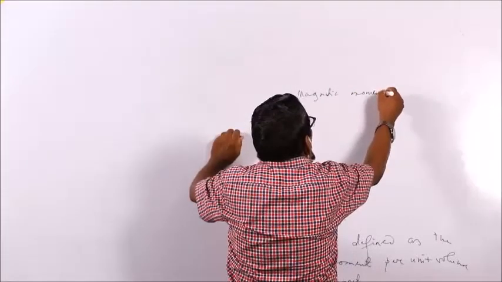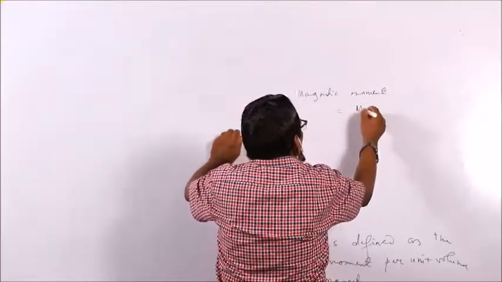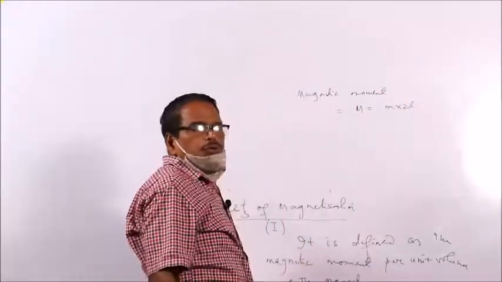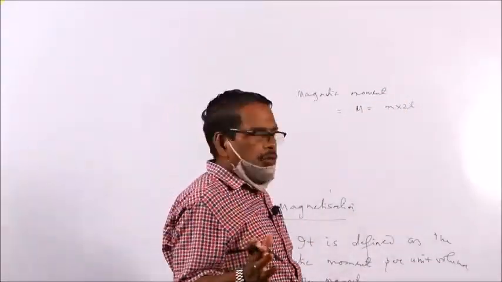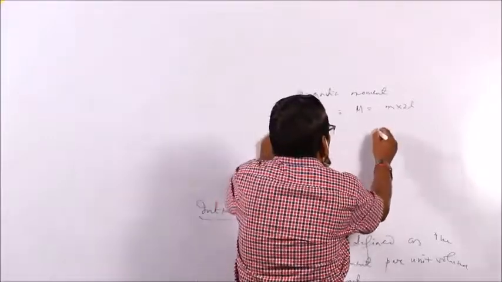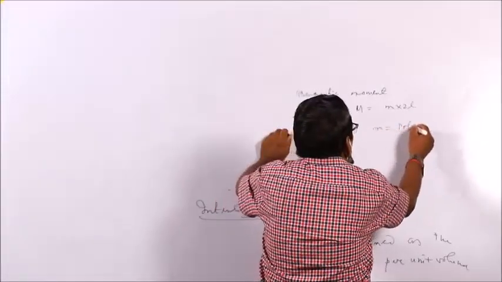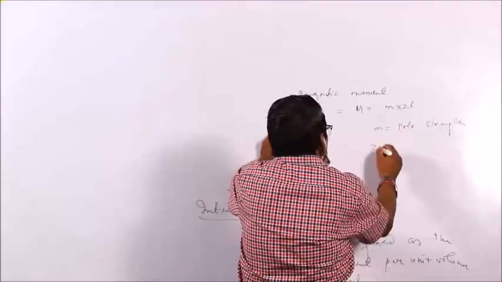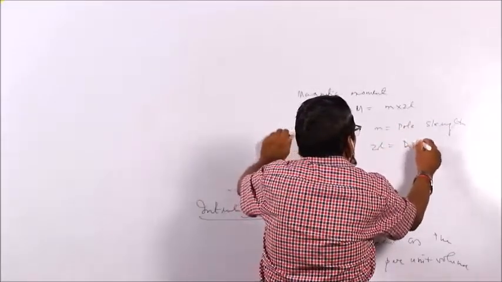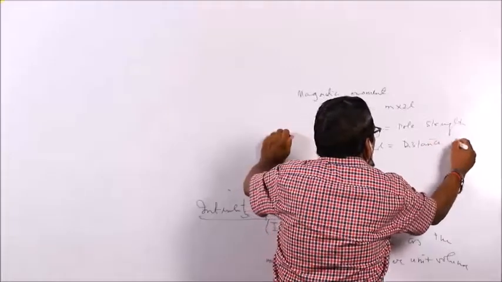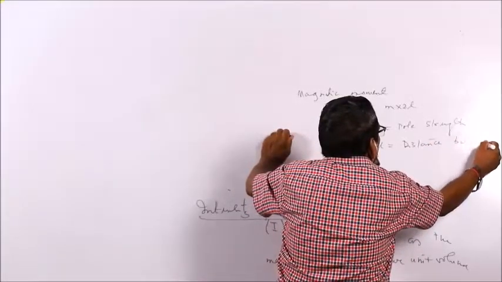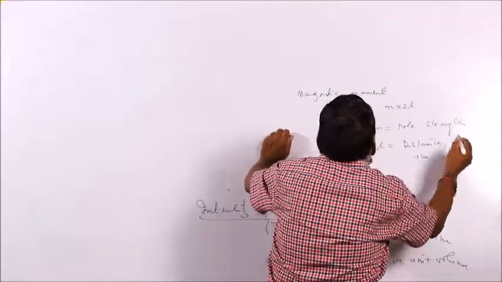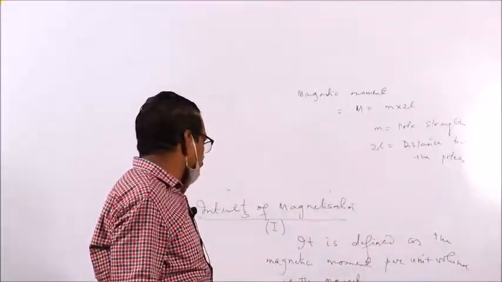It is denoted by capital M, which is equal to m into 2l. Here m is the pole strength, and 2l is the distance between the poles, which we discussed in the last class. So this is your magnetic moment.